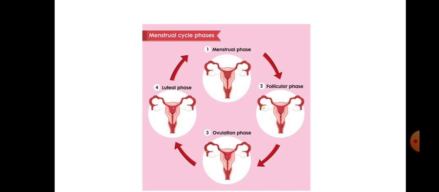A fertilized egg results in pregnancy, and if it is not fertilized, then the released egg and the thickened lining of the uterus along with the blood vessels are shed off. This takes place through a process known as menstruation, and it generally occurs every 28 to 30 days.